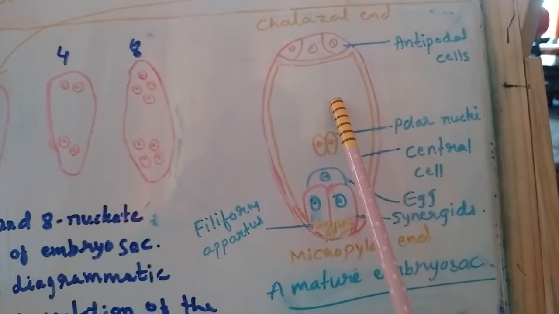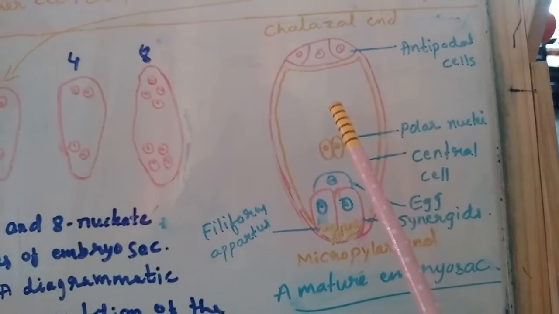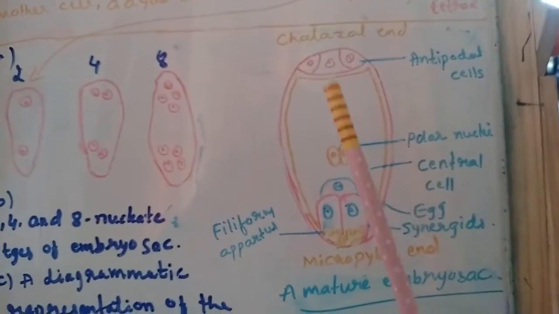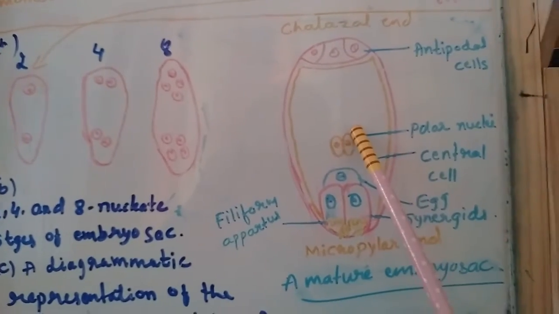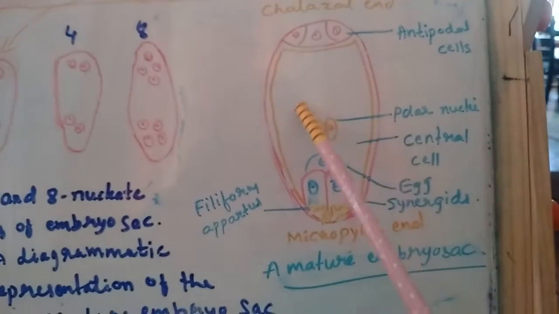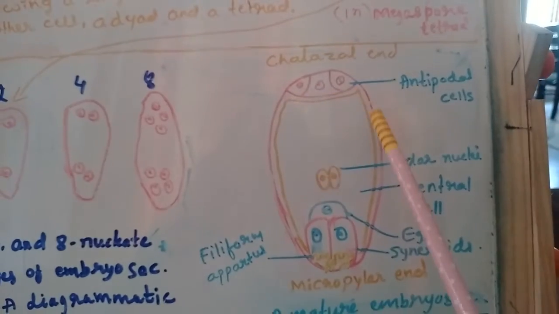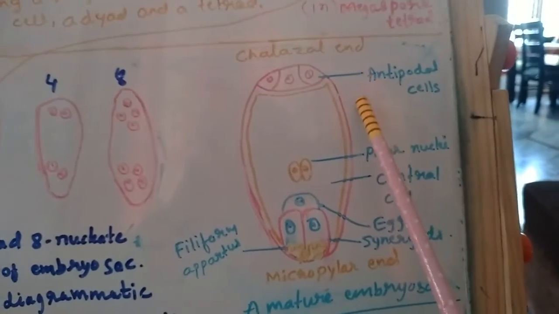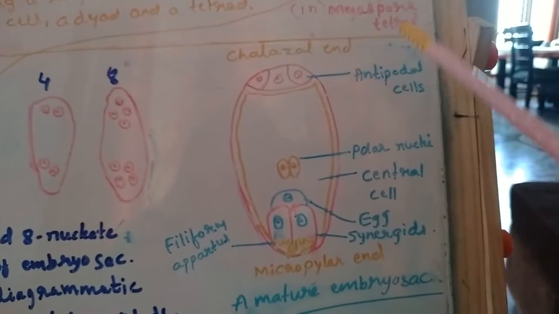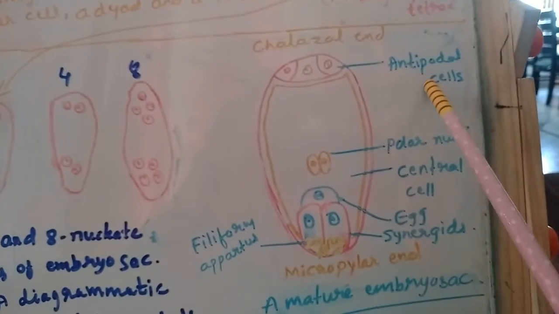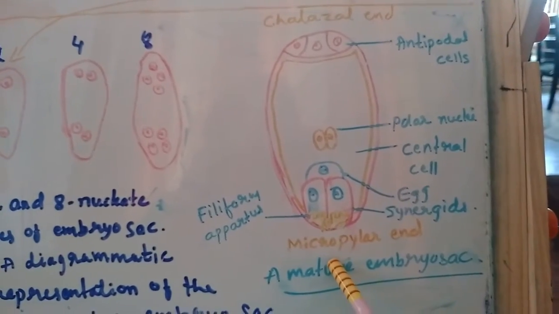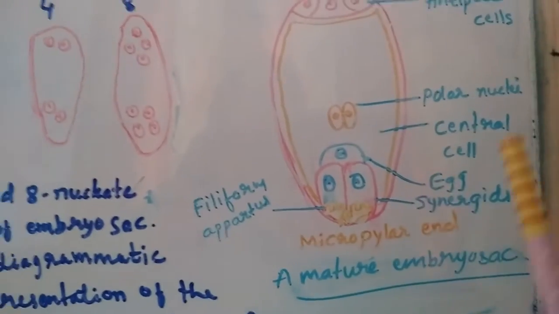In the mature embryo sac, how many nuclei do we have here? 8 nuclei, and all these 8 nuclei arrange into 7 cells. 3 cells arrange towards this chalazal end, and they are known as antipodal cells.